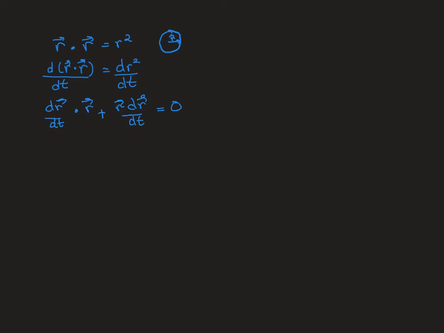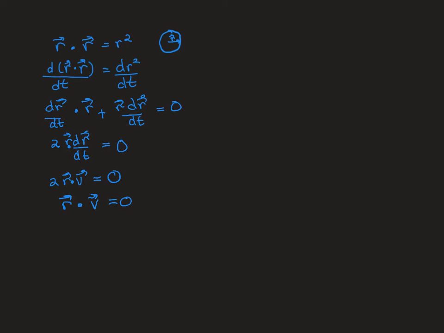And the derivative of the constant is 0 because we're just dealing with the magnitude and not the pointing vector anymore. So I'm just going to add those together since they're technically the same terms. And dr/dt is the same thing as the velocity. And then I'm going to divide both sides by 2 and get rid of the 2. So we're going to be left with the original r vector dotted with the velocity vector.